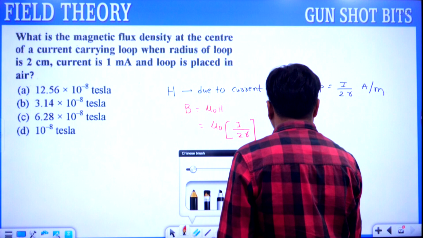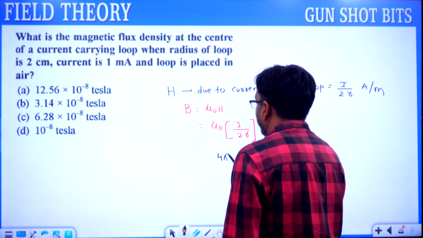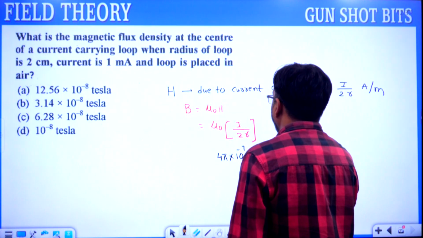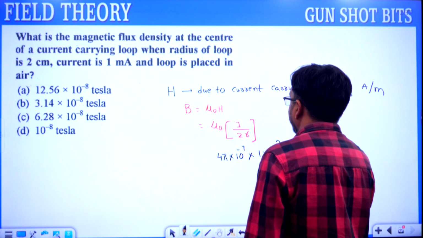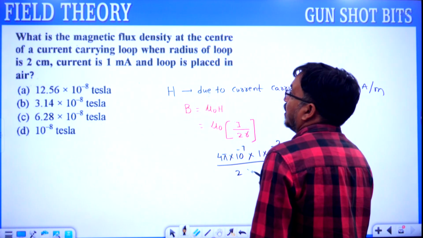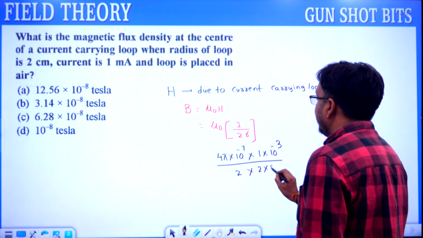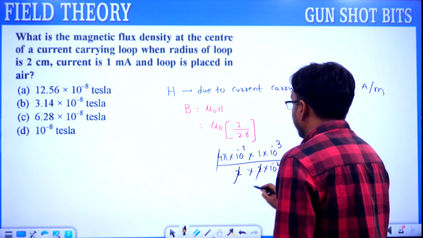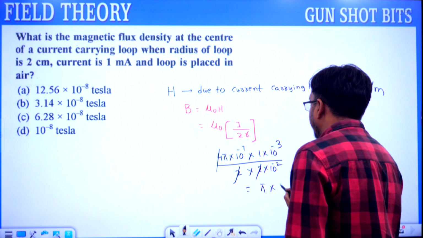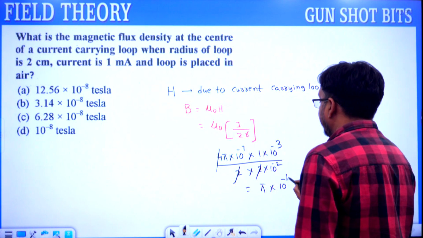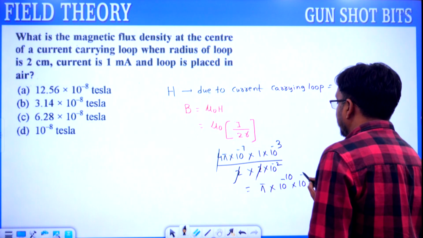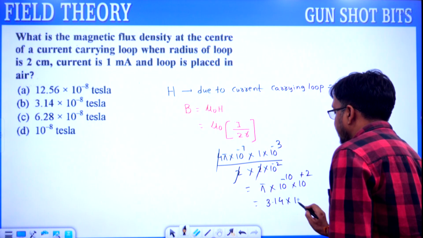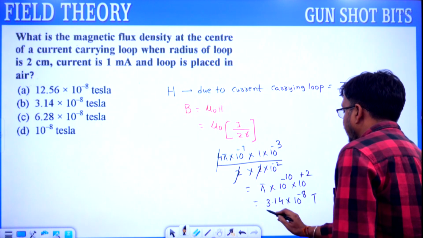So mu naught equals 4 pi into 10 power minus 7, and the current is 1 milliampere, 1 into 10 power minus 3, divided by 2 into radius, 2 centimeter, that is 10 power minus 2 meter. 2 2s are 4, I am cancelling 4, that equals pi into 10 power minus 10 into 10 power plus 2. Pi value I am writing 3.14 into 10 power minus 8 Weber per meter square or Tesla.